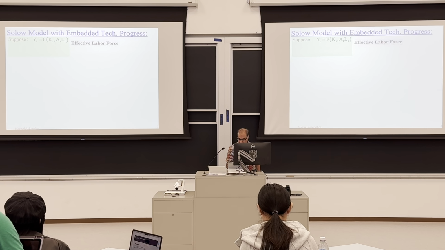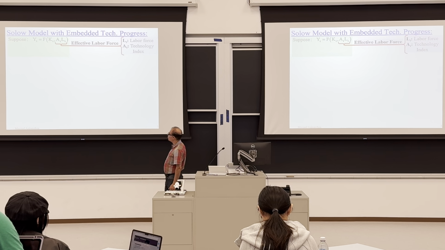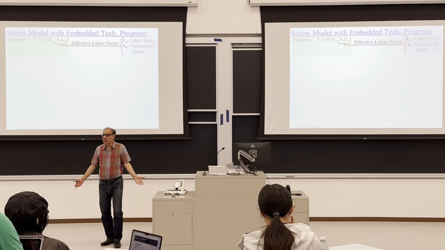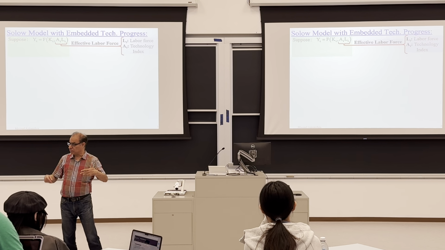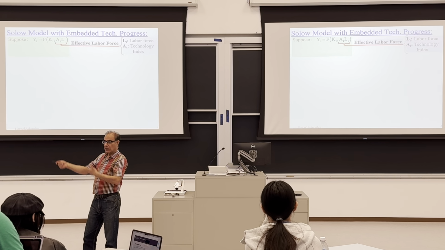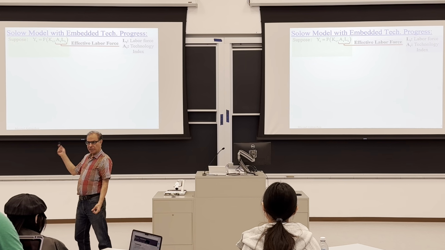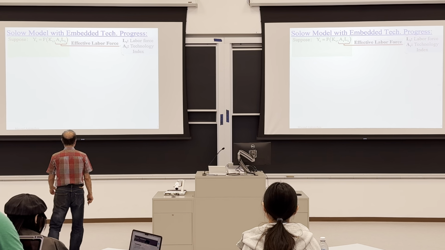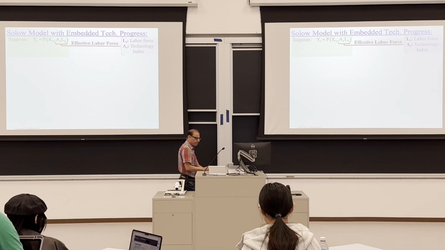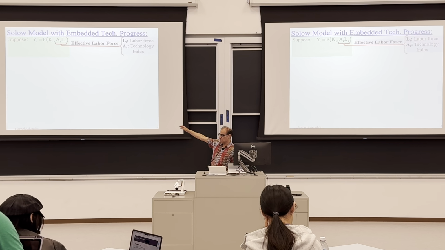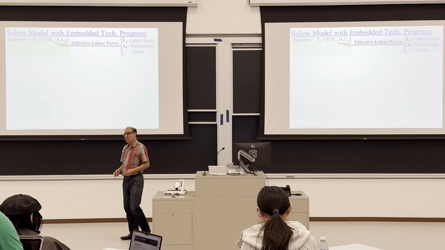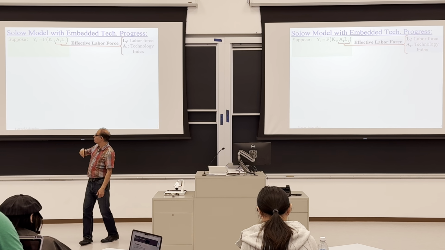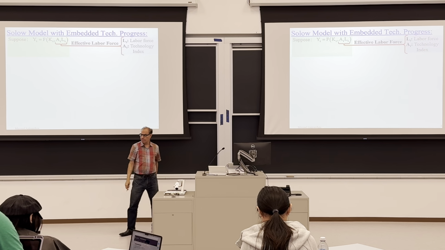Labor force L, technology index A. Actually, it's an index. You can imagine, index is one in a given year, and as technology gets better, you increase A. By the way, the same properties, remember, constant return to scale, diminishing returns to capital, diminishing return to labor, everything like before.